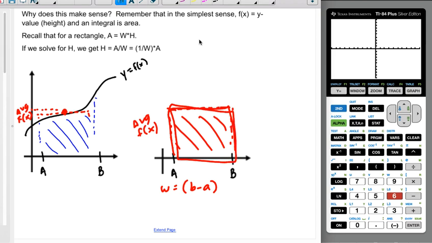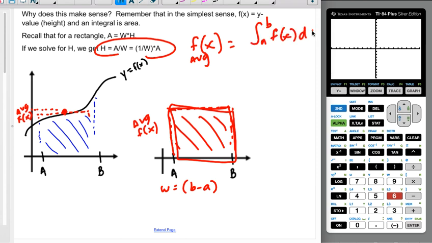So we're saying that the height, the average f of x, is the area, which was this integral, divided by the width, which was how wide the box is, b minus a, right? That width is b minus a. That's all it is, right?